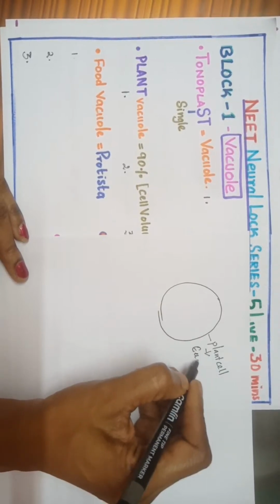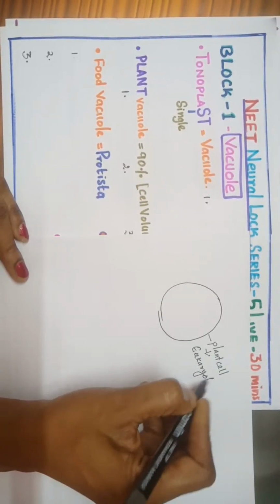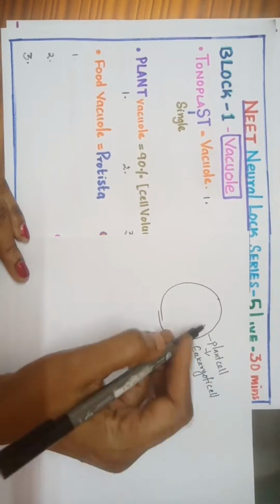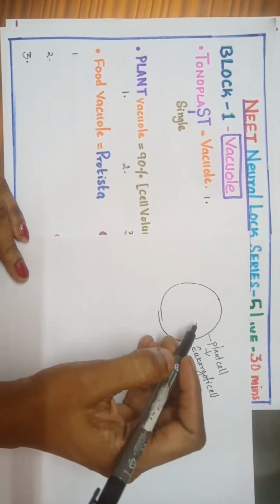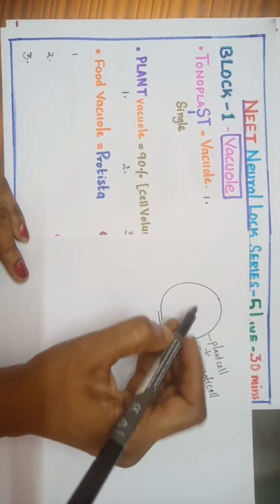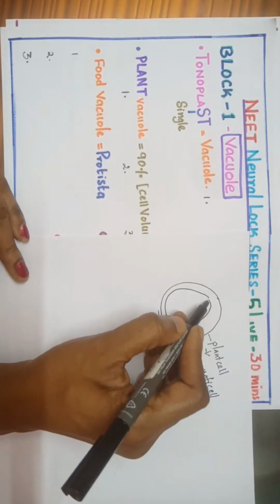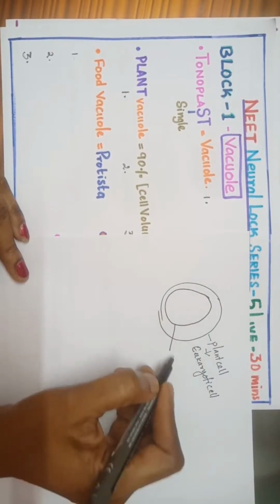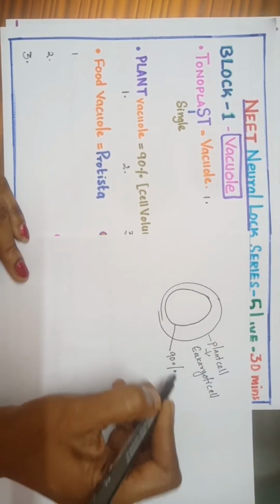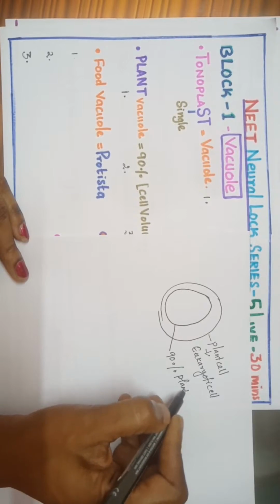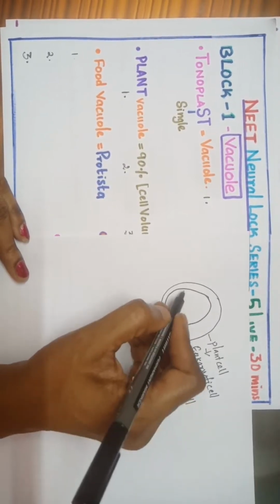A eukaryotic cell. Inside the plant cell you have other organelles which are very important for the plant cell. Then you have a larger structure which occupies 90% of the plant cell. You call that structure vacuole.